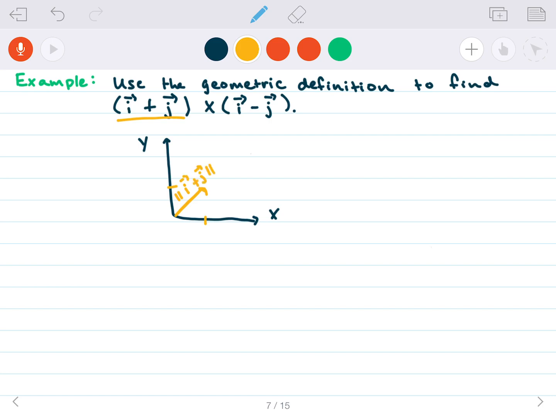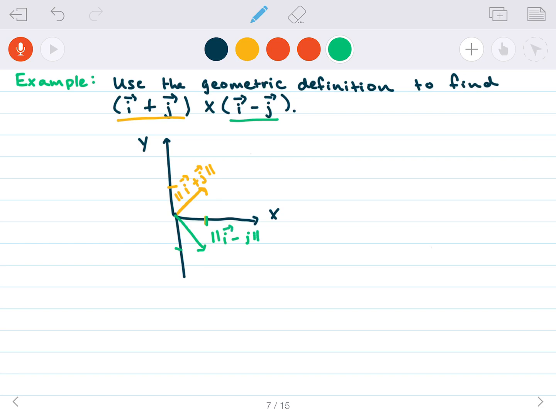All right. And then we're going to cross it with i minus j. Okay, so we go 1 out in the i direction, and then we go minus 1 in the j direction. Minus 1 is going to look something like that. Okay, and this is going to be the magnitude of i minus j.